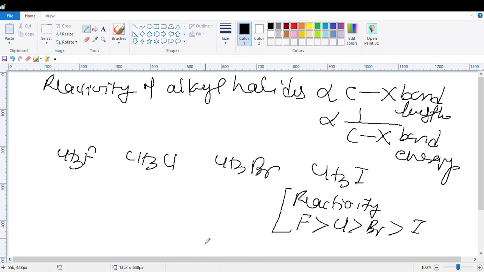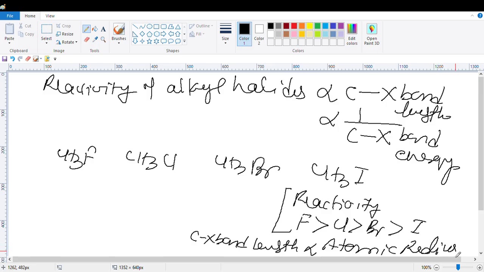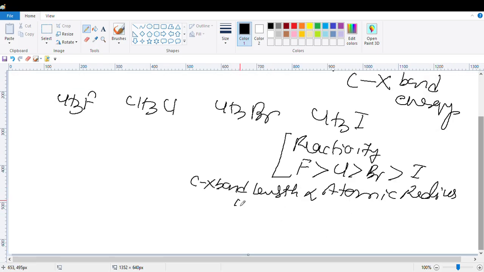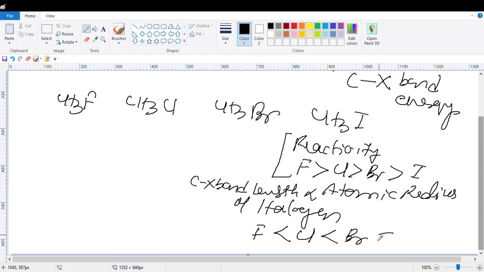The C-X bond length will be directly proportional to the atomic radius of halogen. So atomic radius of halogens: fluorine smallest size, chlorine larger, bromine even larger, and the largest size is iodine.